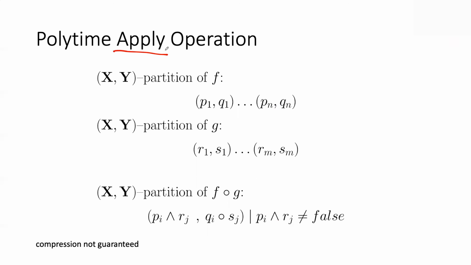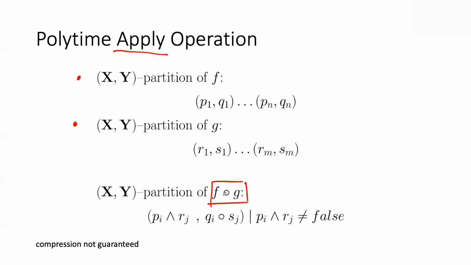The main idea is, if you give me an XY partition of a function f, and it looks like this, and another XY partition of a function g, and it looks like this, and you ask me how you get an XY partition for a Boolean combination of these? This circle could be either conjunction or disjunction or some other Boolean operator.